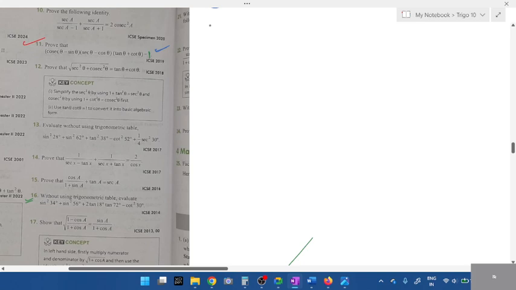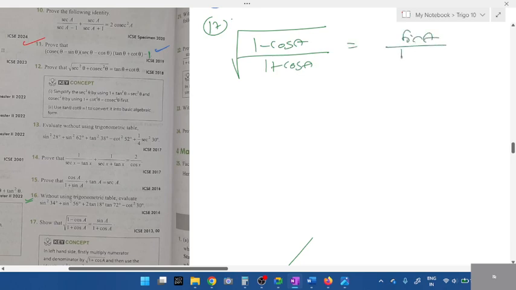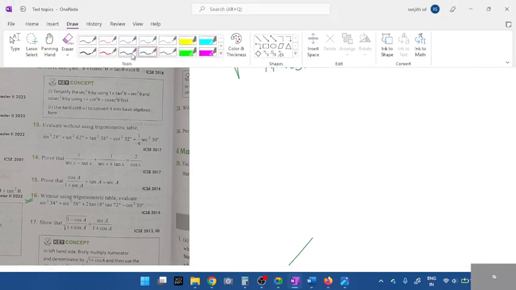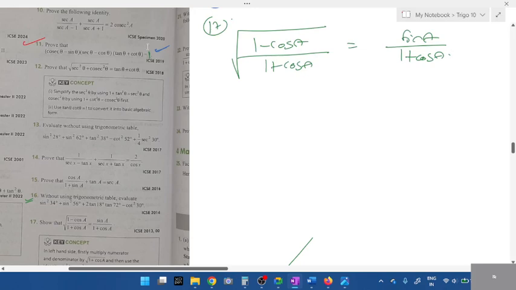Okay, next 17. What if you have a square root type of question? The right hand side, what do you have, students? Sin A by 1 plus cos A. So those who don't remember, I'll tell you.